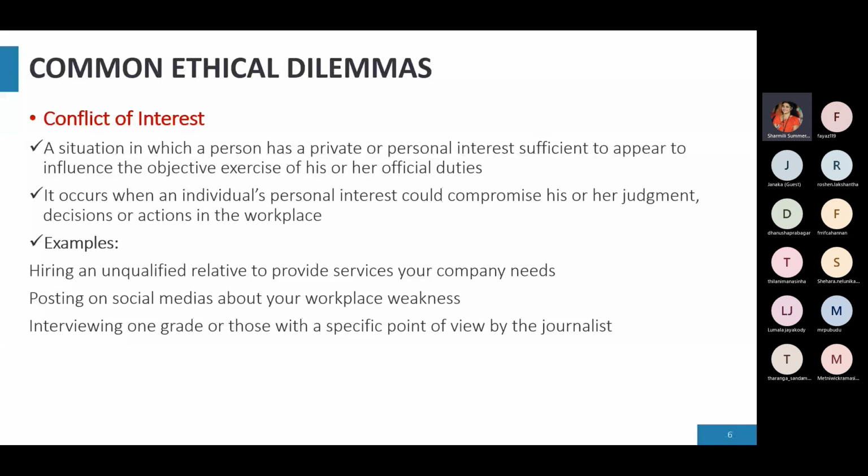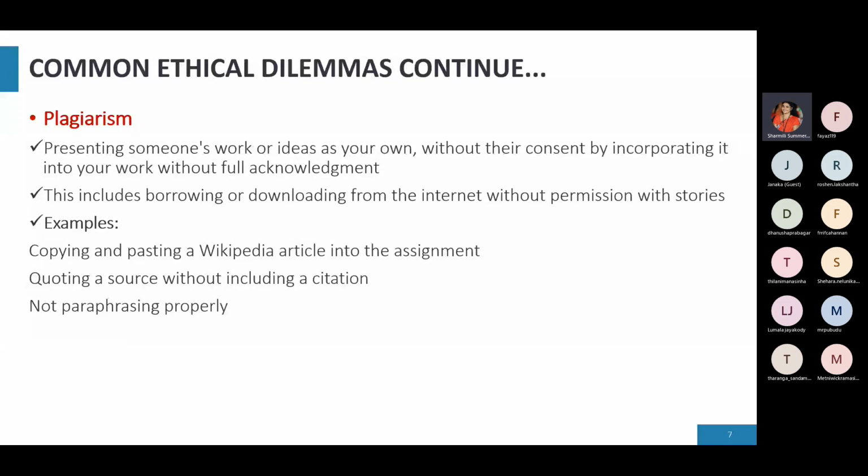Next one is plagiarism. Yes, it is common. You already know what plagiarism means. Plagiarism is a kind of stealing. We are not stealing any objects or money, but we are stealing another person's work, another person's efforts.